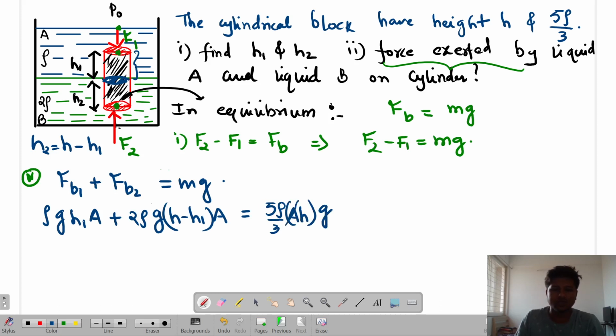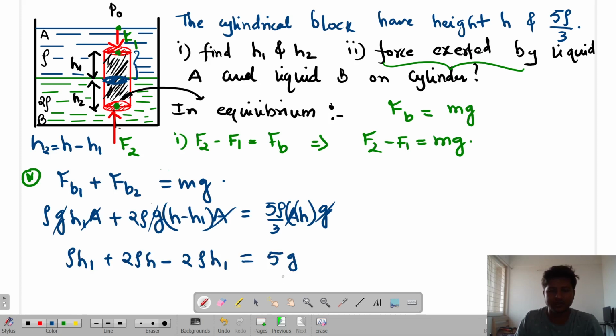So look carefully, A everywhere got cancelled. g also got cancelled. What I'm left with is rho h1 plus twice rho h minus twice rho h1 is equal to 5 rho h by 3. Rho and rho will also get cancelled, isn't it?